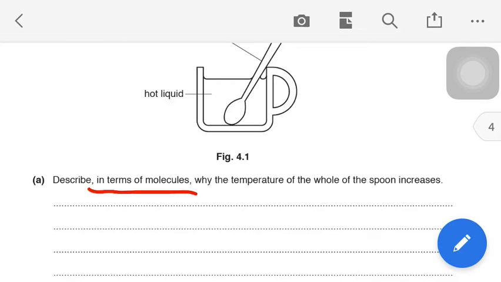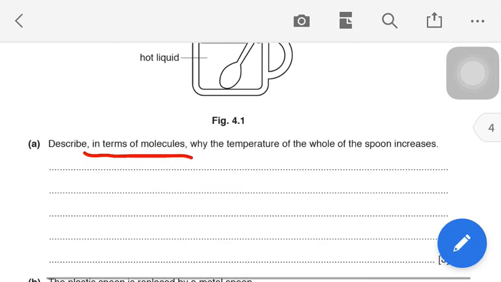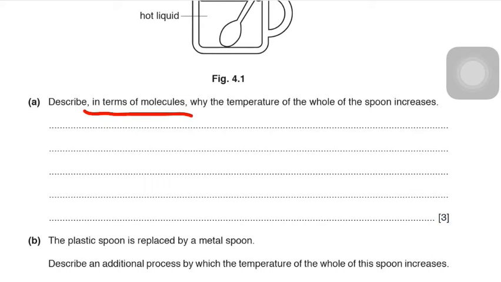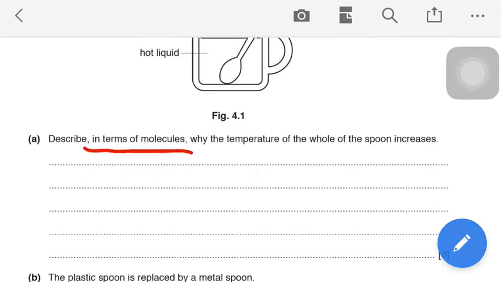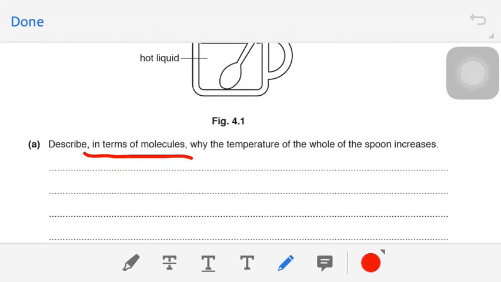Still, there is something not very clear about the question and the answer given in the mark scheme. The question demands you to describe why the temperature of the whole of the spoon increases. We are not talking about simply one part of the spoon.